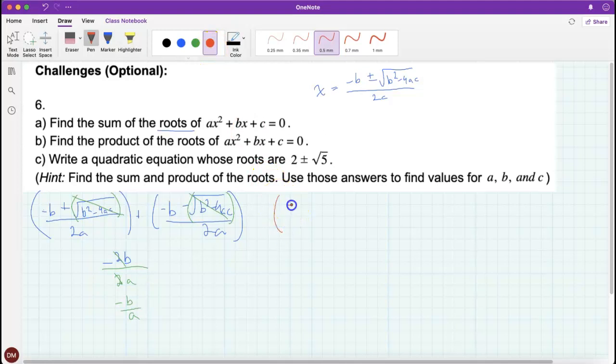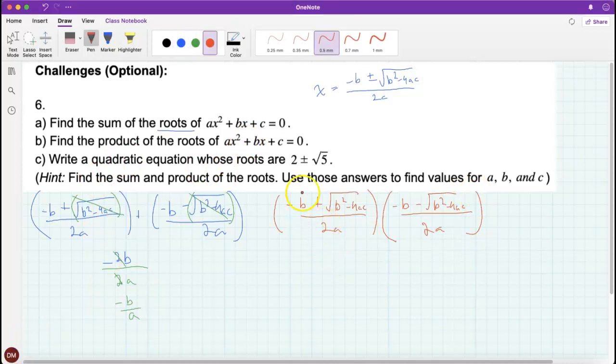So we've got negative b plus the square root of b squared minus 4ac all over 2a, multiplied by negative b minus the square root of b squared minus 4ac all over 2a.